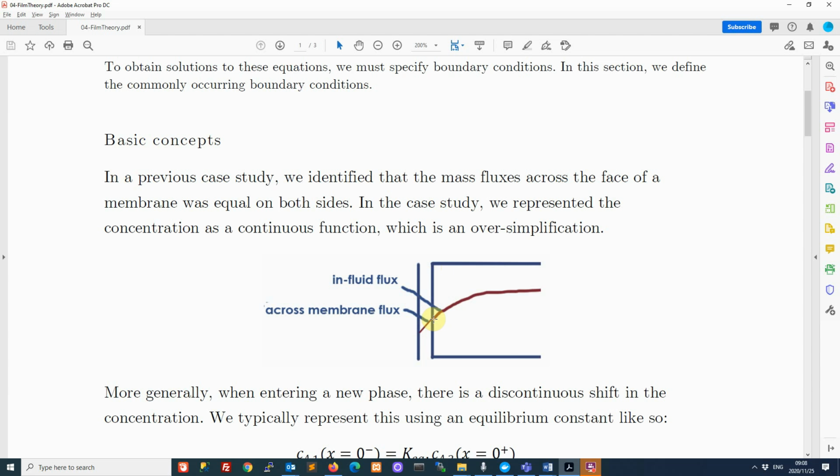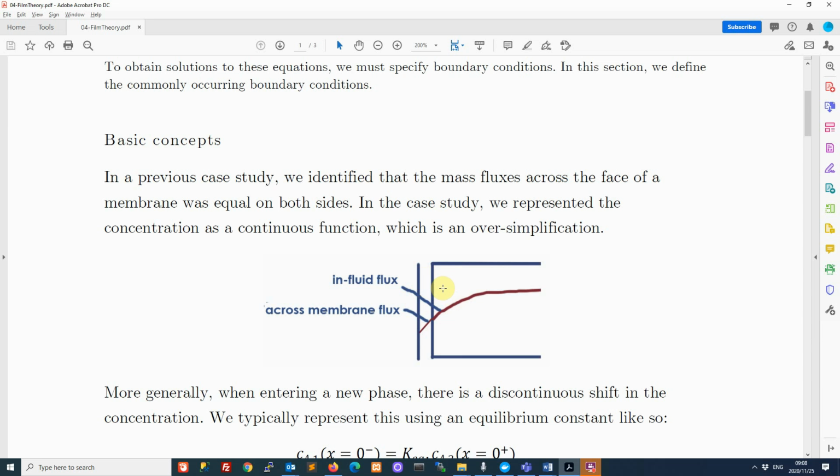And perhaps that's harder to believe in the case of a membrane, but if you think about a gas and a liquid, let's say this was a gas and this was a wetted wall, a liquid film sitting on a wall, then we know that there's going to be a concentration difference here. The concentration in here will be approximately 1,000 times greater than the concentration here. That's just in terms of differences in density between gas and liquid.